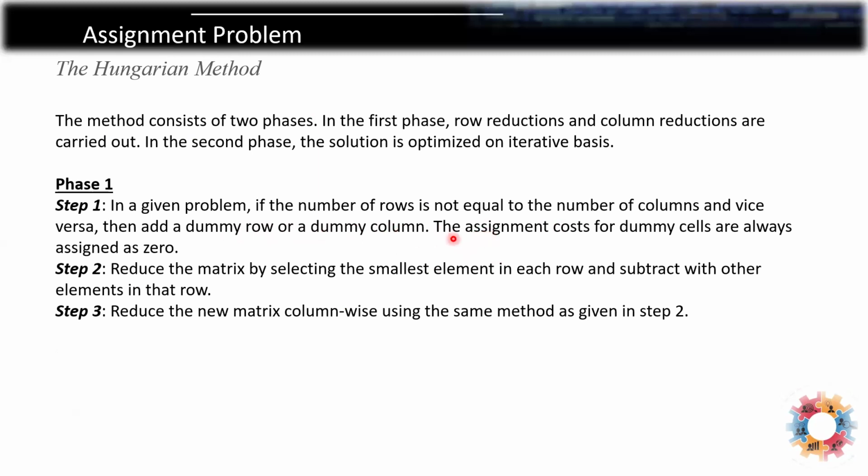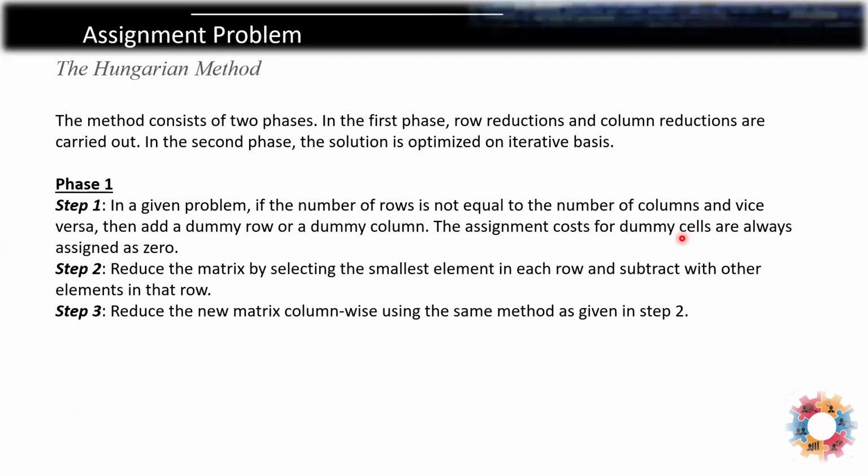When you add a dummy column or a dummy row, you will have dummy cells, where you assign 0, which are the cells created due to adding the dummy row or dummy column.